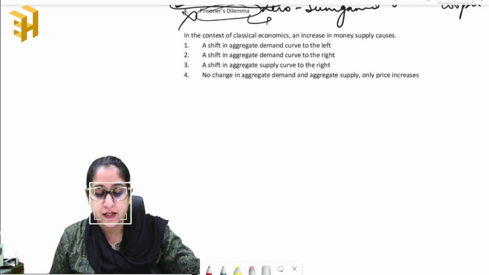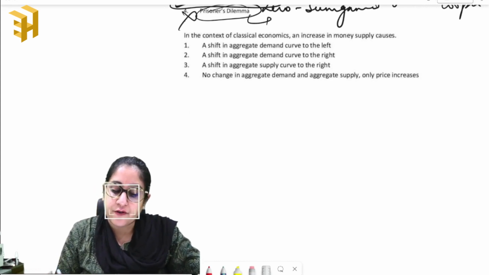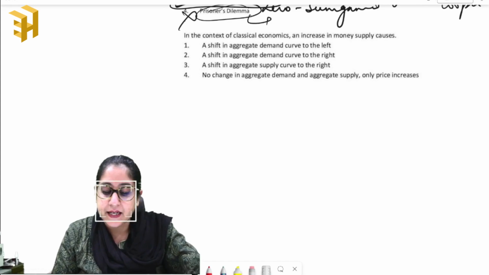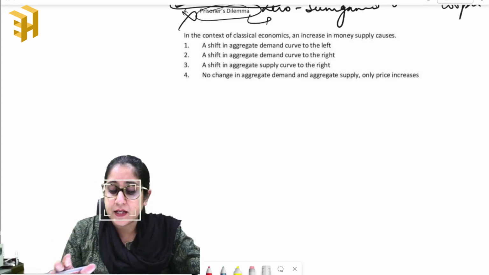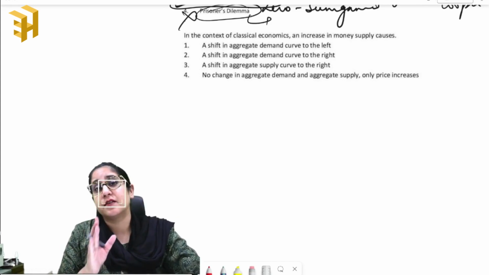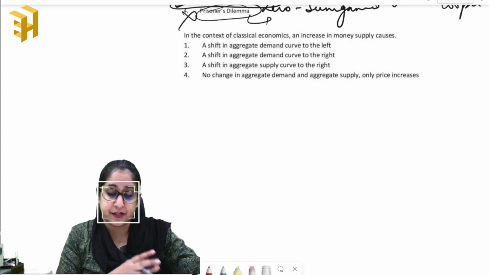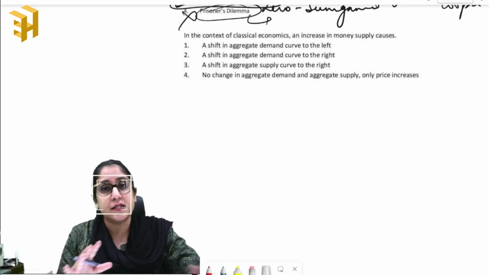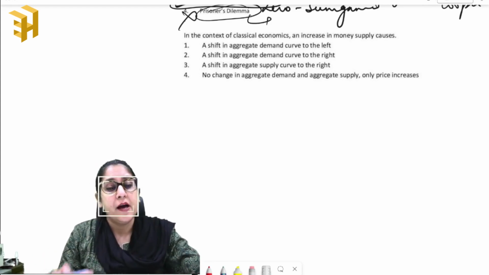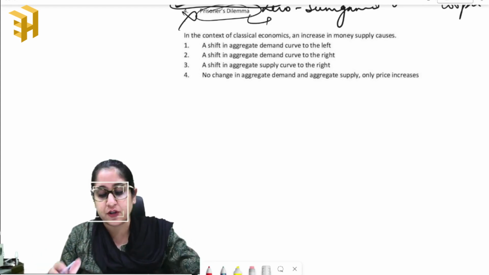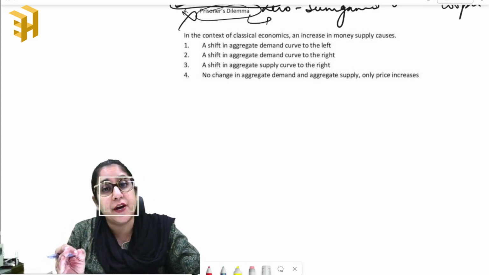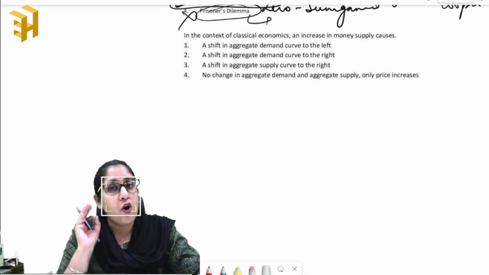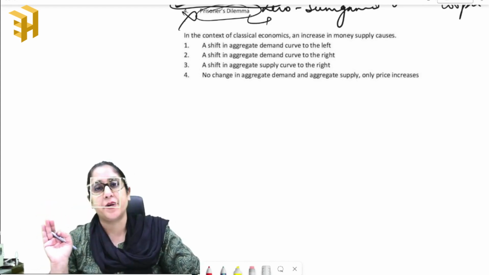Last question is that in the context of classical economics, an increase in money supply causes... Now basically we have to understand the classical dichotomy in this case. It is explained in detail in the study material, but just for a brief introduction, any change in a nominal variable will not be reflected in the real variables.